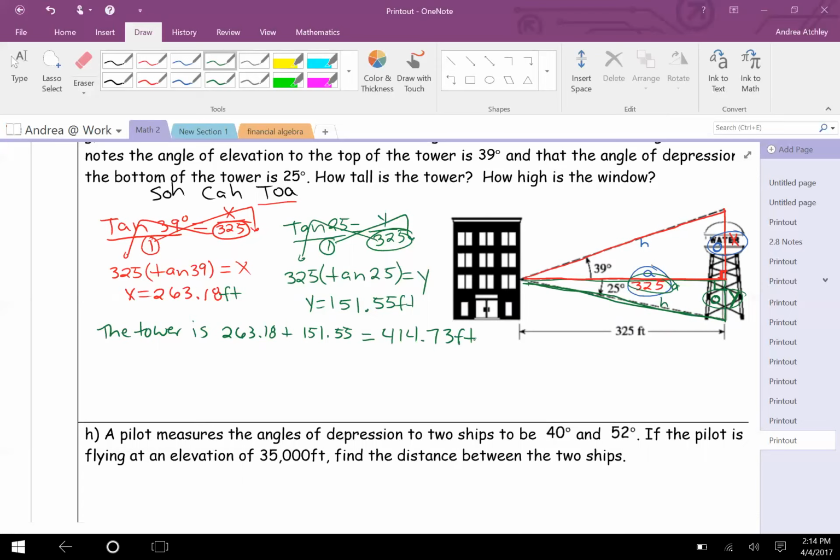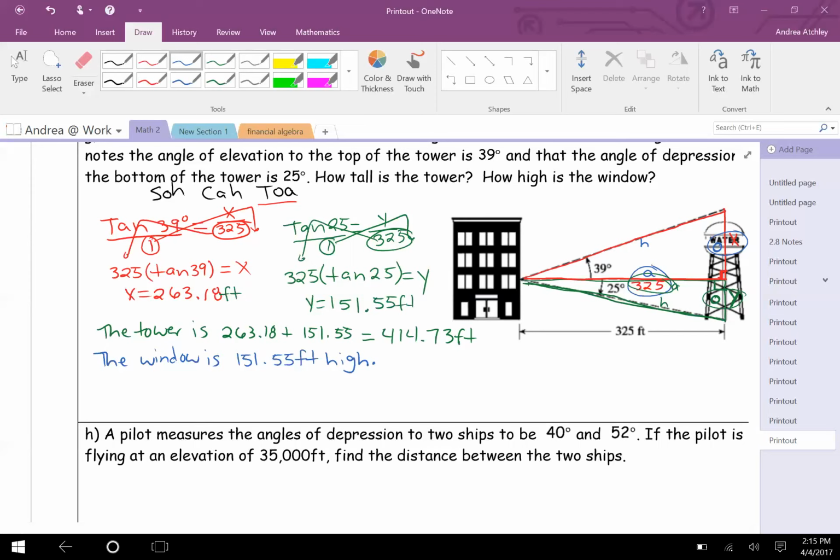That'll give me the height, how tall that window is. Okay. Any questions over that?